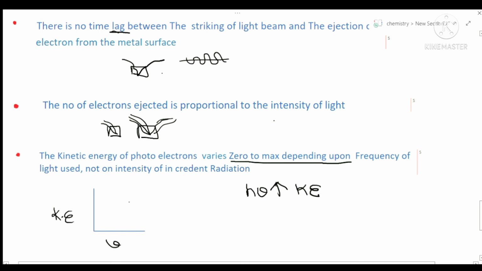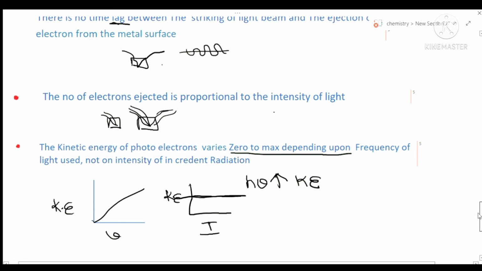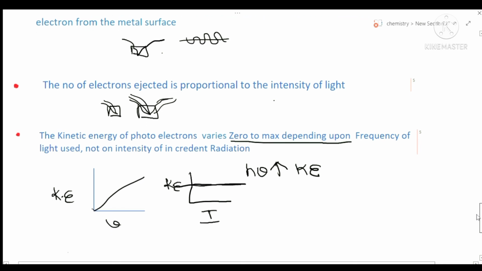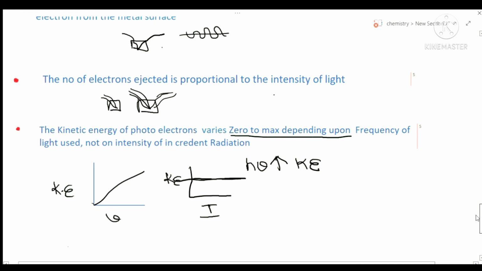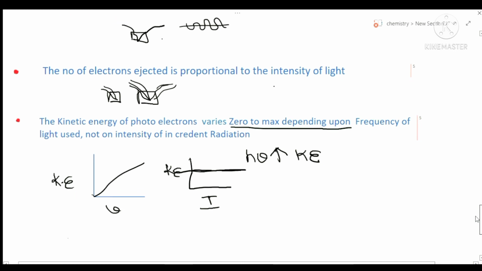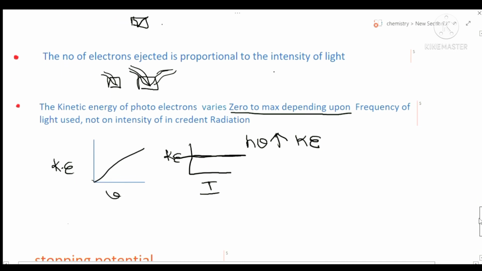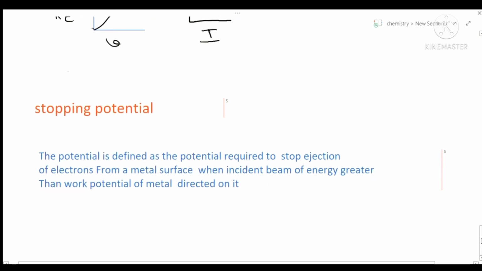But if you draw a graph, kinetic energy versus intensity, intensity is nothing but the number of photons per unit area, there is no change in the kinetic energy. Kinetic energy will increase with increasing frequency only. Okay, this is about the kinetic energy. These are some important points of the photoelectric effect.